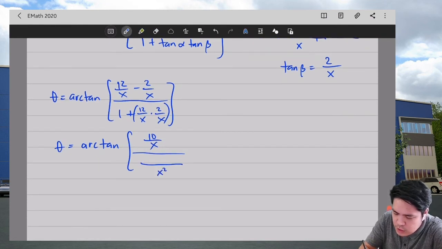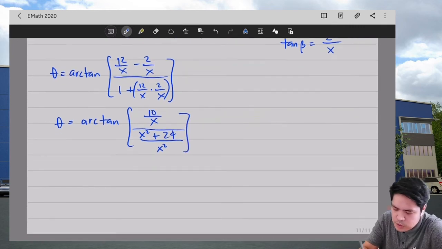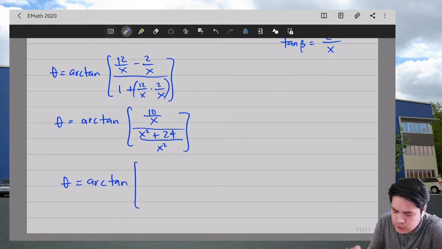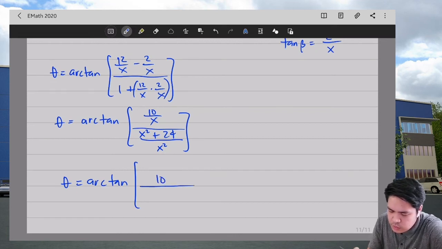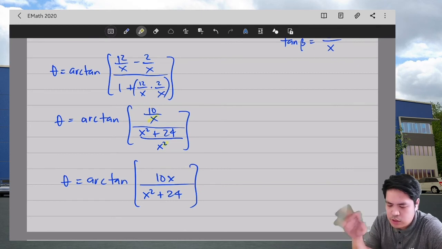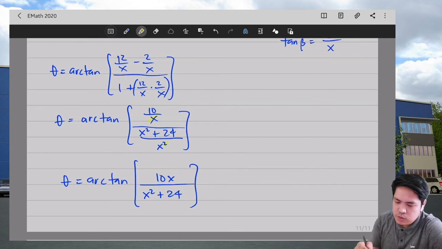The LCD is x squared. So this would be x squared plus 24. Okay, x squared plus 24. So theta is equal to arc tangent of 10x over x squared plus 24, because one x cancels out and moves to the numerator. Okay, so this would be our function now.